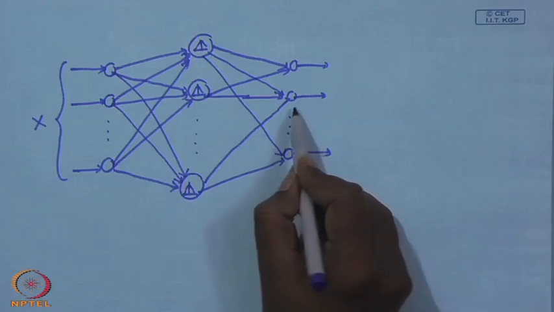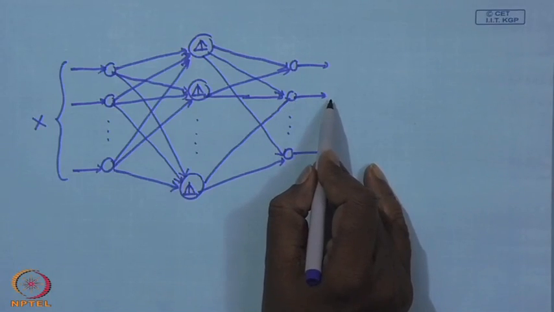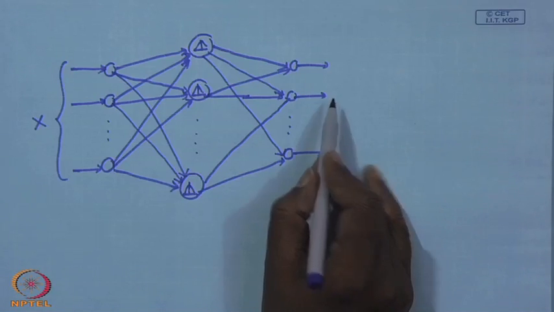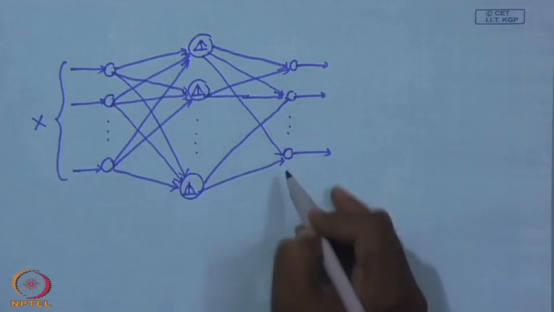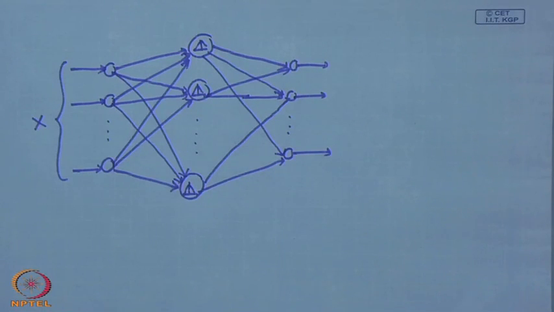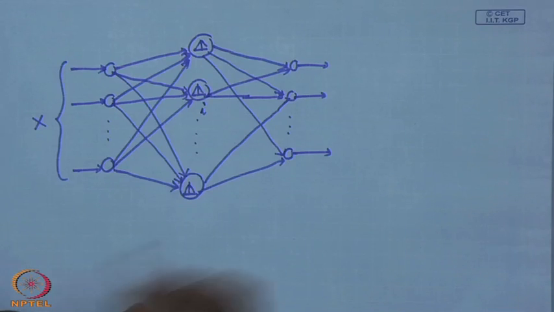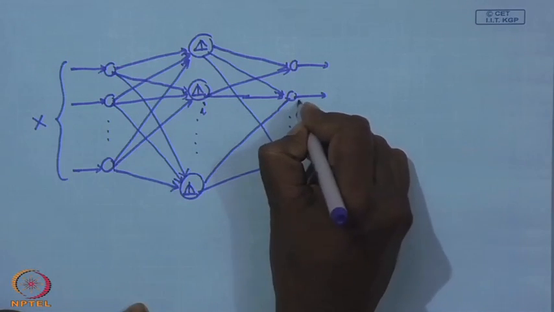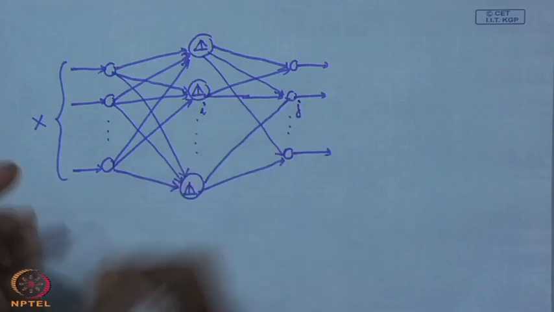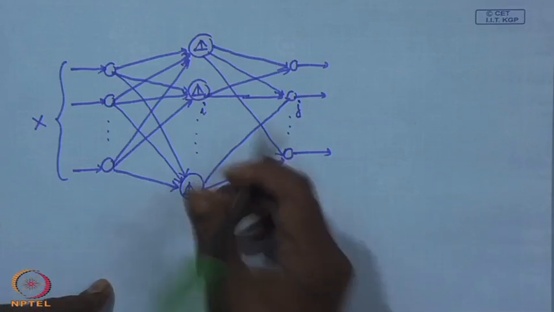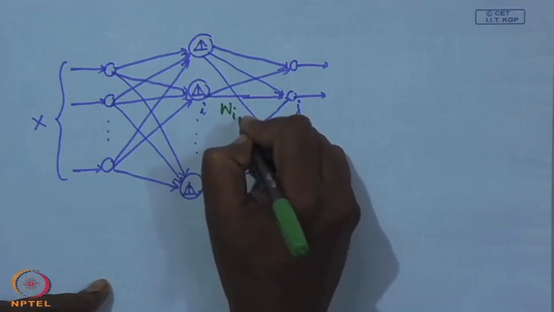So, if my input feature vector x belongs to, say, the ith class, then the output of the ith output layer node will have a high value, likely to be 1, and the outputs of all other output layer nodes will have a low value, likely to be 0. And I assume that the ith node in the hidden layer is connected to the jth node of the output layer through a connection weight, say W i j.